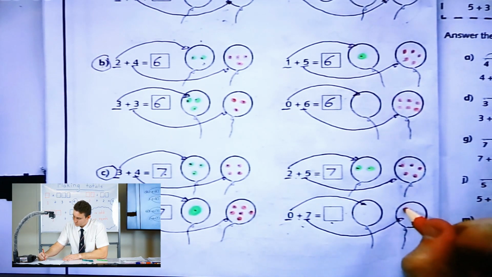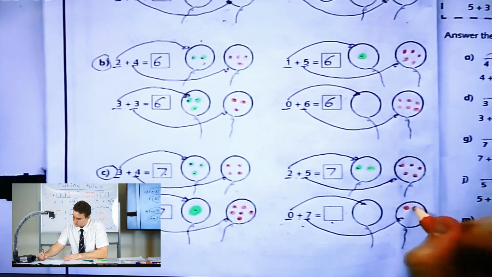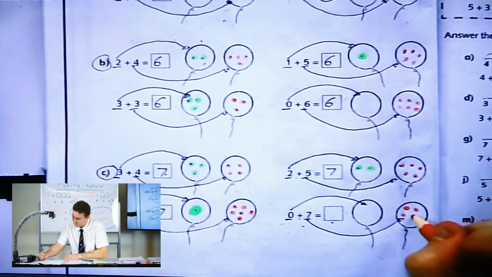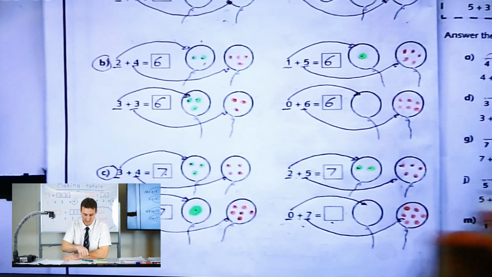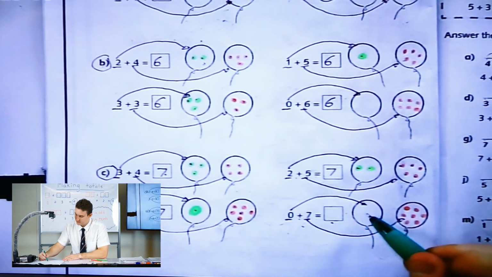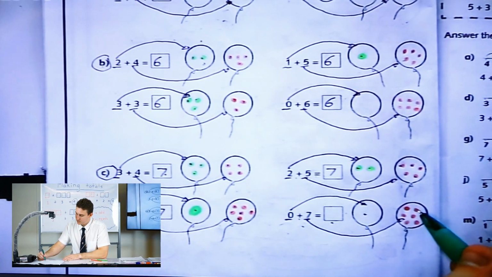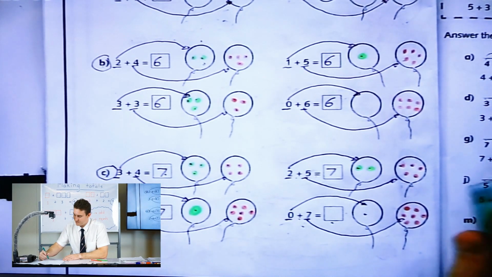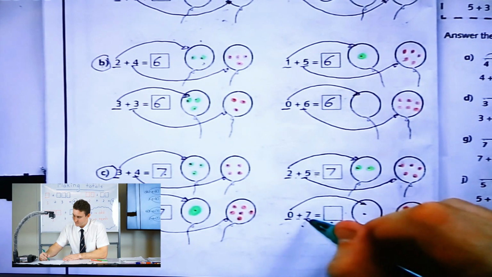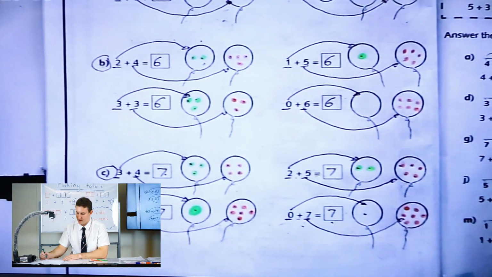Let's quickly write 7. 1, 2, 3, 4, 5, 6, 7. Let's count. 0, 1, 2, 3, 4, 5, 6, 7. So 0 plus 7 equals 7.